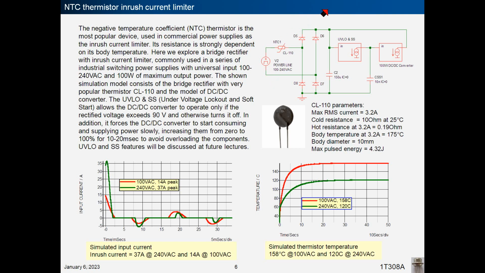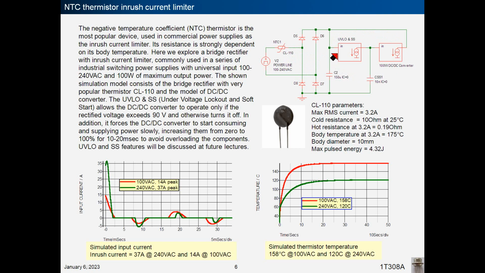The shown simulation model consists of the bridge rectifier with the very popular thermistor CL110 and the model of the DC-DC converter.